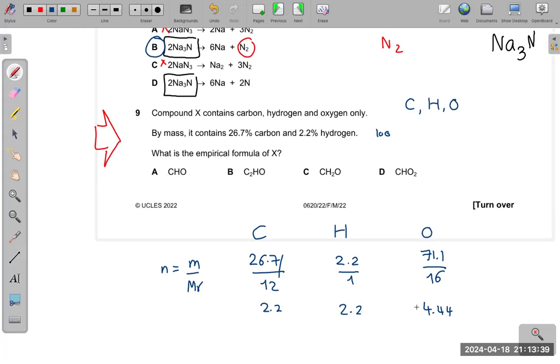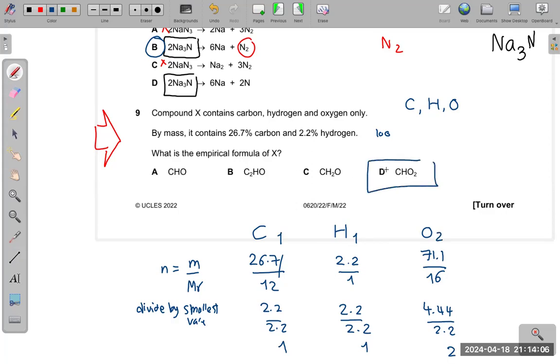It's very clear, but if you want, you can divide every one of them by the smallest value. So divide by 2.2, divide by 2.2, divide by 2.2. You will get 1 to 1 to 2. So the ratio is 1 carbon to 1 hydrogen to 2 oxygen, and this is only available in this structure, which is CHO2. So our answer is D.